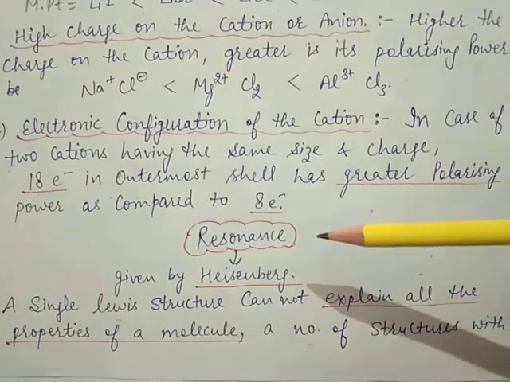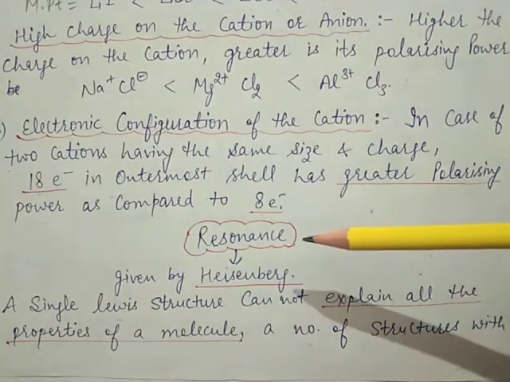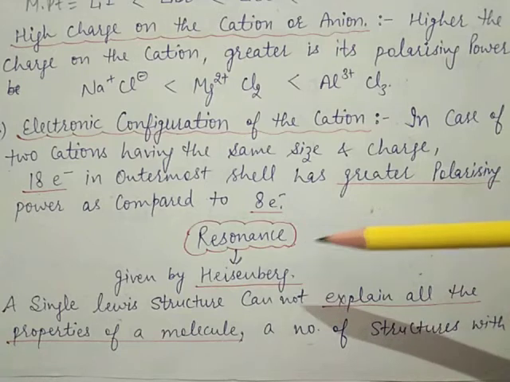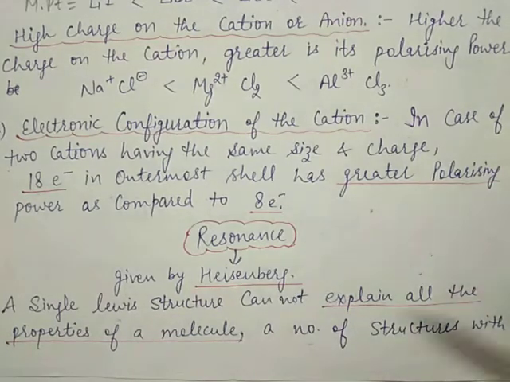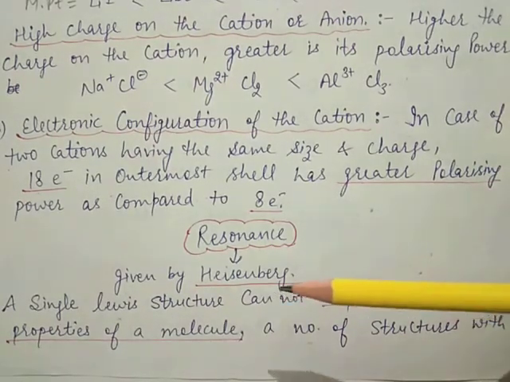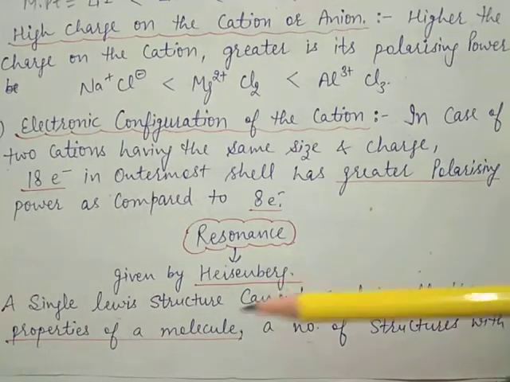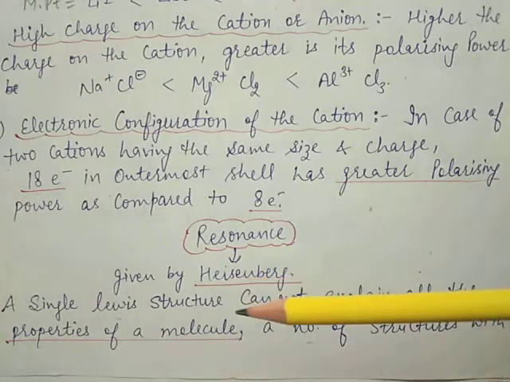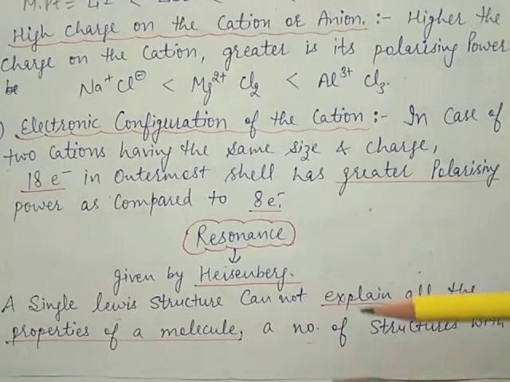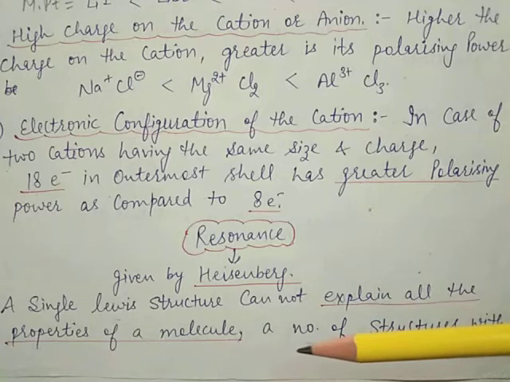Students, now the next topic is resonance. Resonance is given by Heisenberg. According to this concept, a single Lewis structure cannot explain all the properties of the molecule.